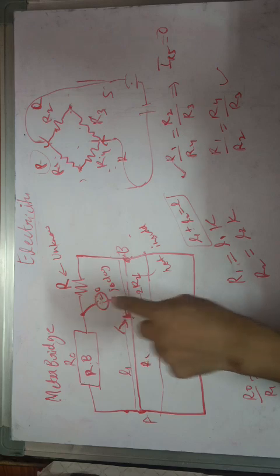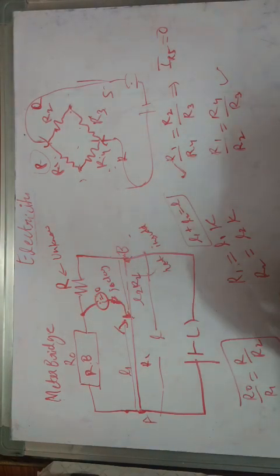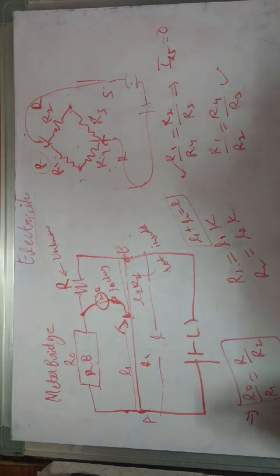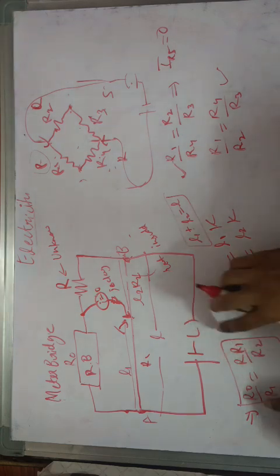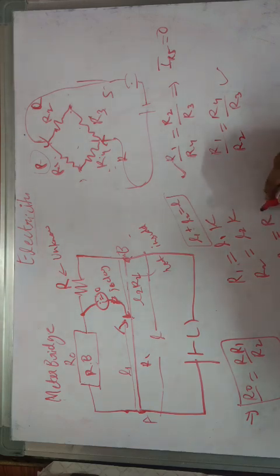When we get zero reading in the galvanometer, it means this condition is produced. Since R1 by R2 is simply L1 over L2, this will become R0 equal to R into L1 over L2.